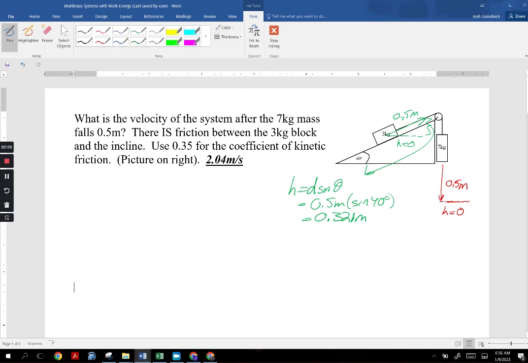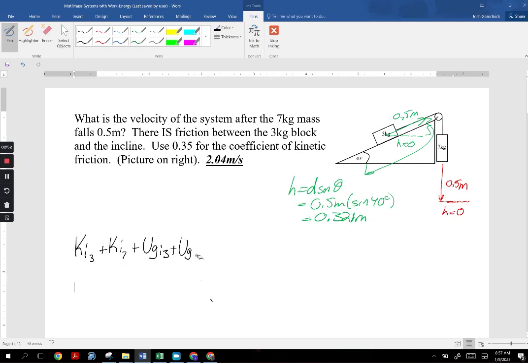So here we go. Now, you have the kinetic energy initial for the 3 kilogram object, plus the initial kinetic energy for the 7 kilogram object, plus the initial potential energy for the 3 kilogram object, plus the initial potential energy for the 7 kilogram object. There are no springs in this problem, thank goodness.